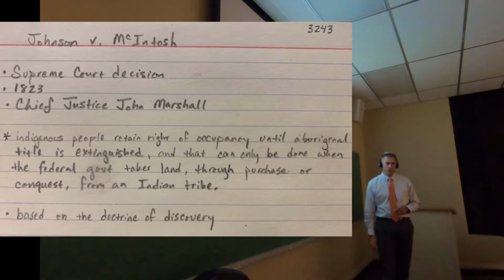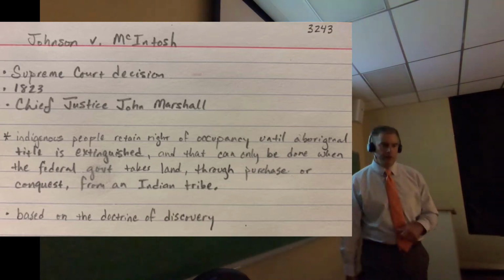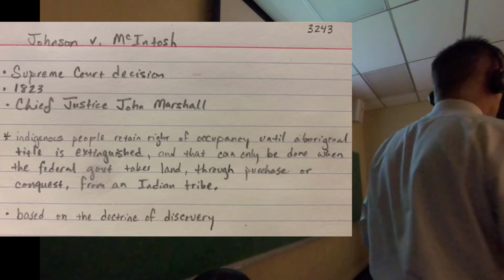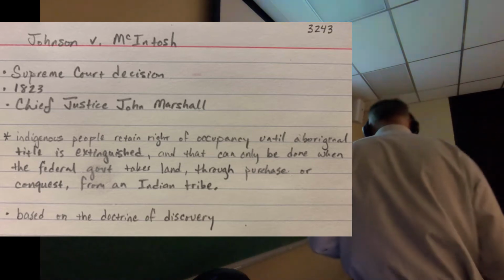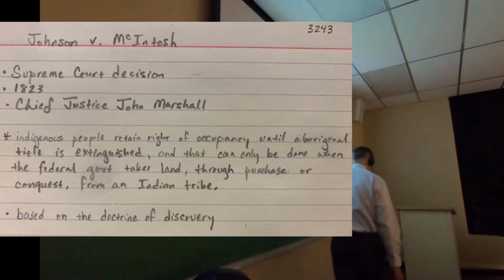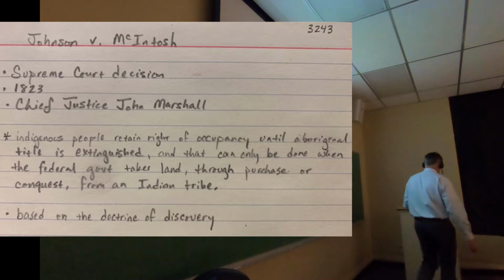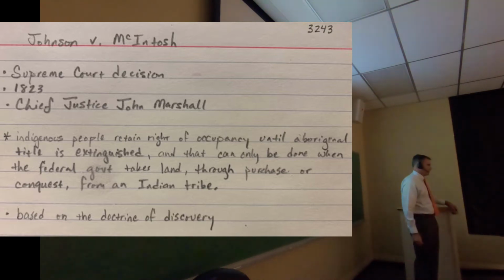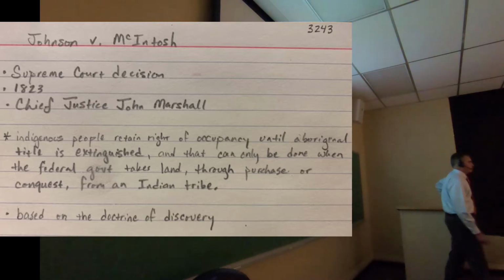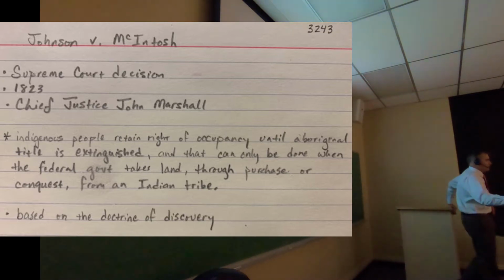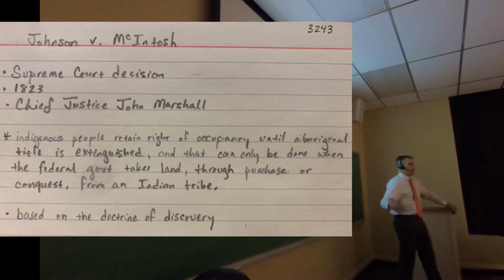Now, you're going to read a little bit on Johnson versus McIntosh, but what it came down to was, it doesn't sound anything like Indian tribes, right? But it actually involved the sale of land from an individual Indian, McIntosh, individual Indian sale of land to a non-Indian.